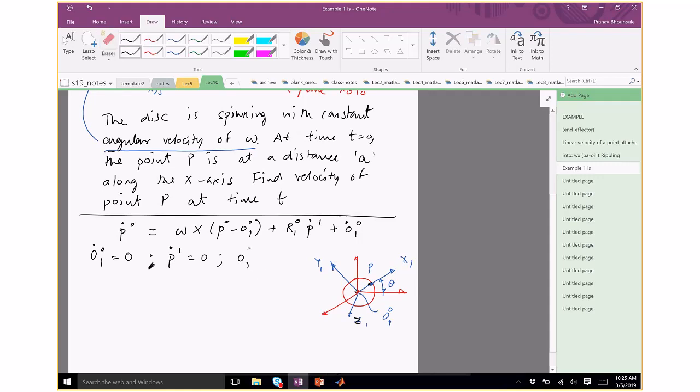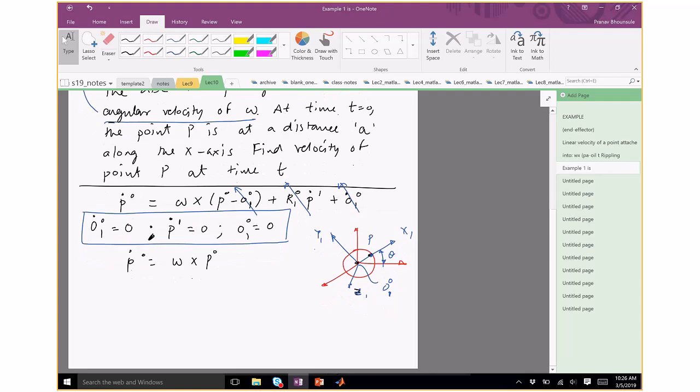O10, the position of the origin with respect to frame 0, is also going to be 0 because that does not translate, it doesn't move. Okay, so that simplifies a few things. So this cancels off, this goes away, this goes away. So we're left with P dot 0 equals omega cross P0. Okay, so let's find omega, let's find P, and we're done.